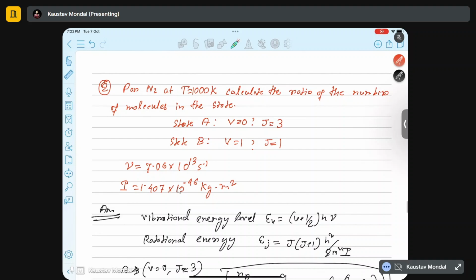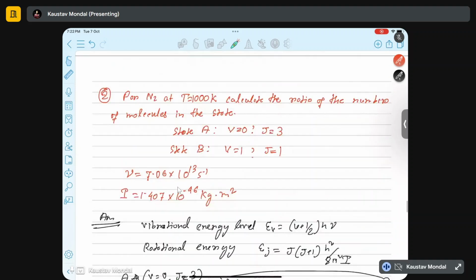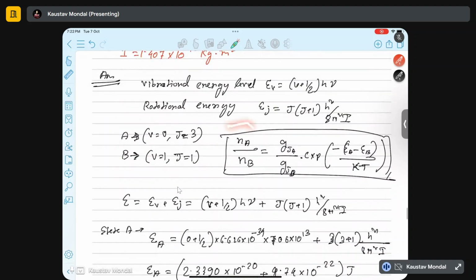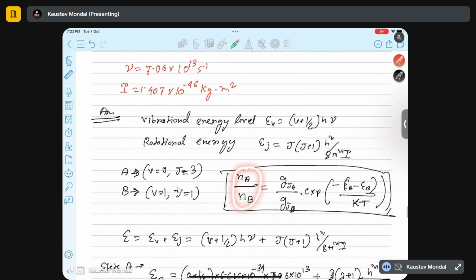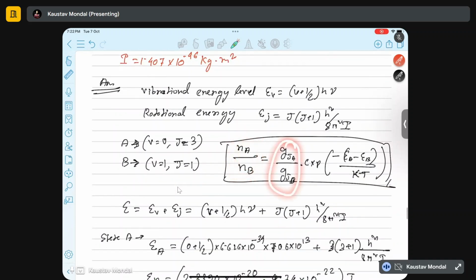Now next, what we have to do is related to this formula. This is the population ratio of states A and B, Na by Nb, which is equal to Gja by Gjb, the ratio of the degeneracies, into exponential Ea minus Eb, the energy difference between state A and state B, by Kt, right?